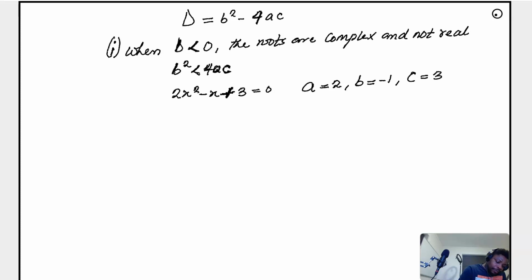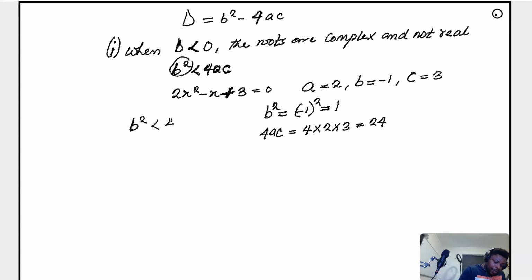So now let's get b squared. What is our b squared? That is minus 1 squared, which is 1. Let's get 4ac now. That is 4 times 2 times 3, which is 24. Here, you will see that our b squared is less than 4ac.